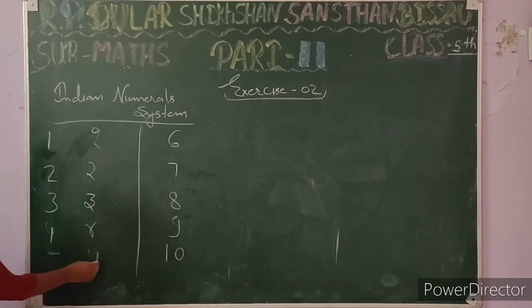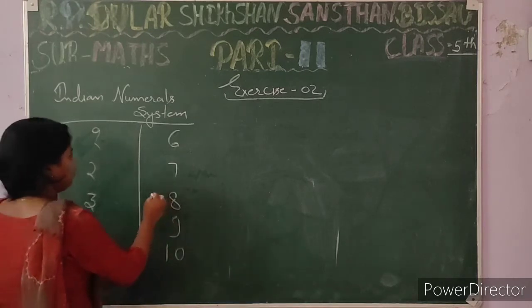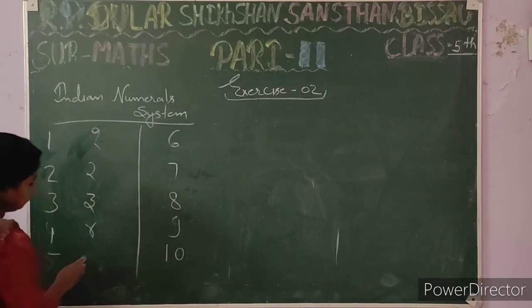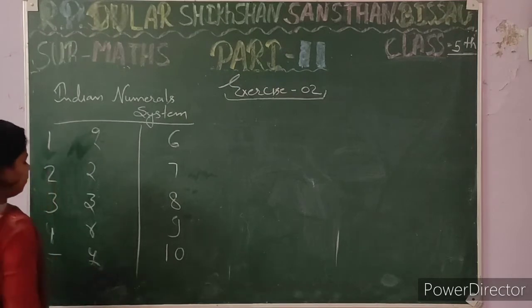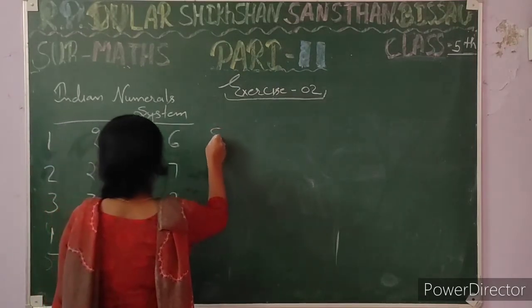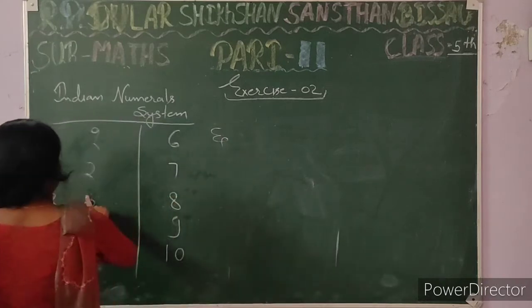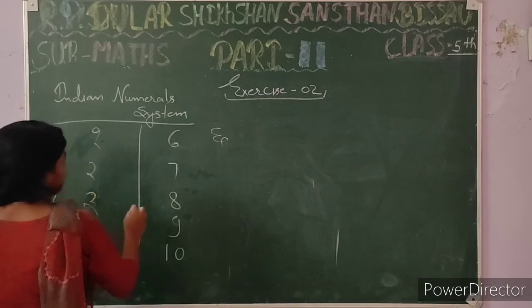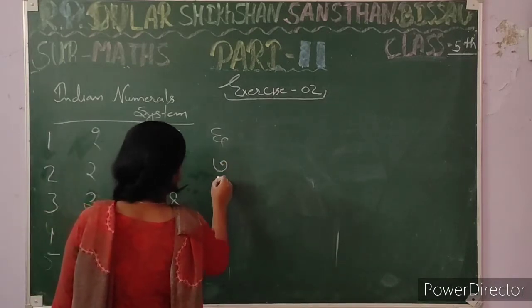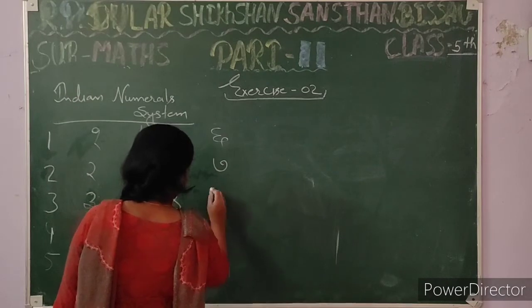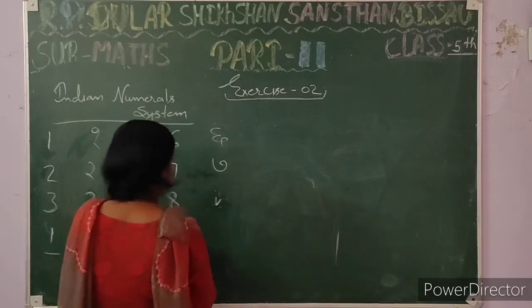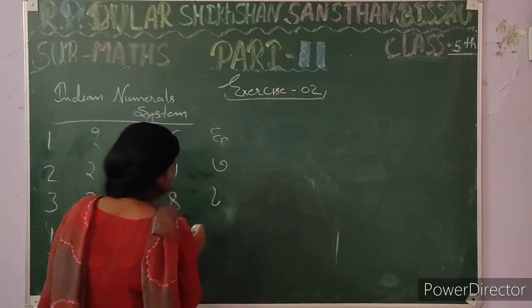Then 5, okay, you can write 5 like this, then 6, 7, 8.